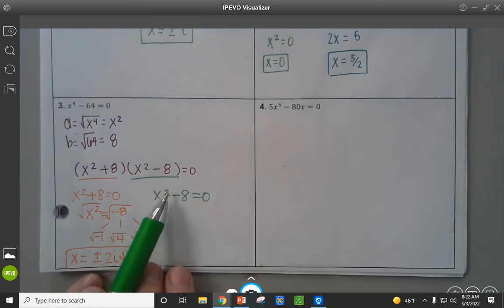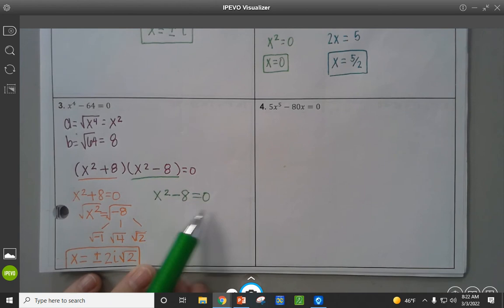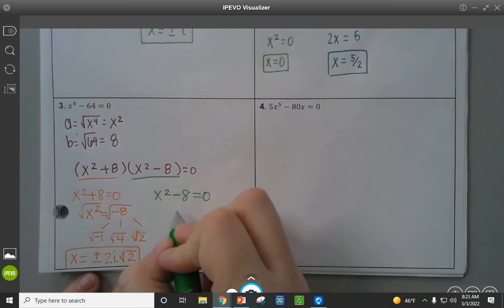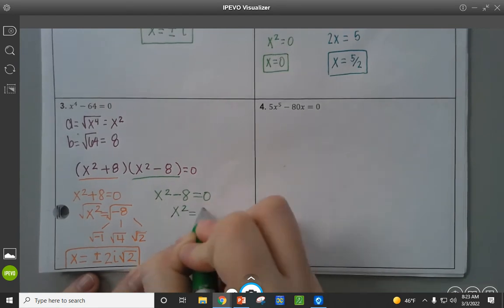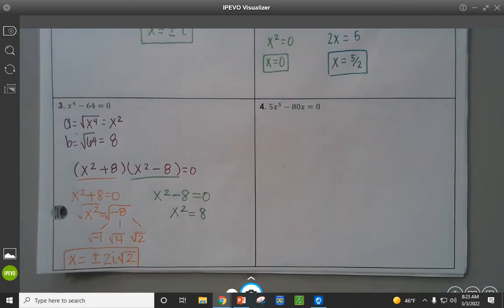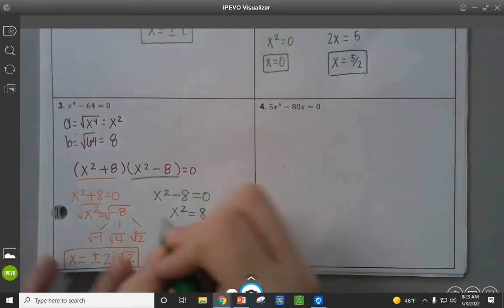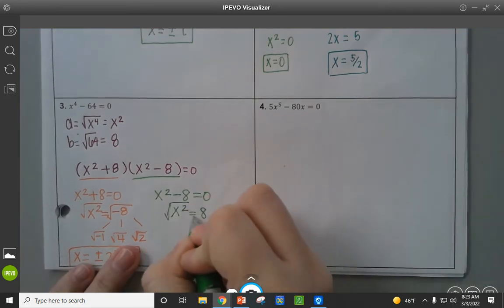The other factor, we have x squared minus 8 equals 0. So you need to add 8 to both sides. And then you take the square root.